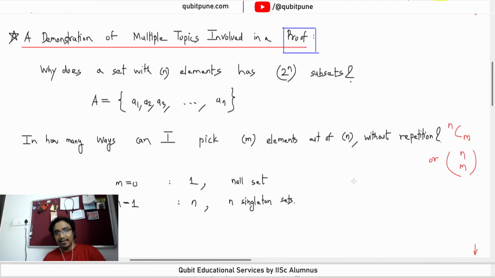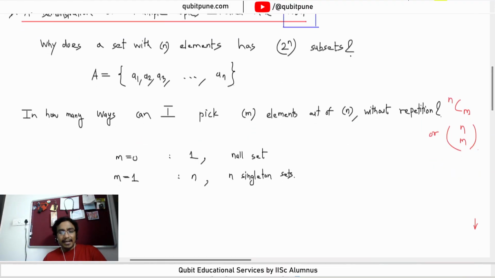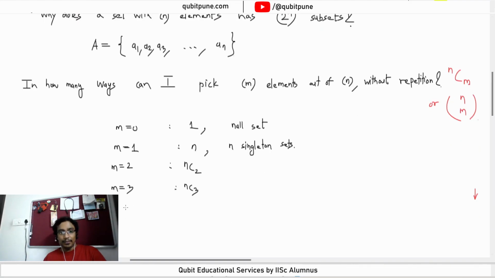And if I set m equal to 2, then how many ways are there? We write it as nC2, then for 3, we write it as nC3, and so on. So if m becomes equal to n, then it becomes nCn, and that is again equal to 1. So this is the set A itself.